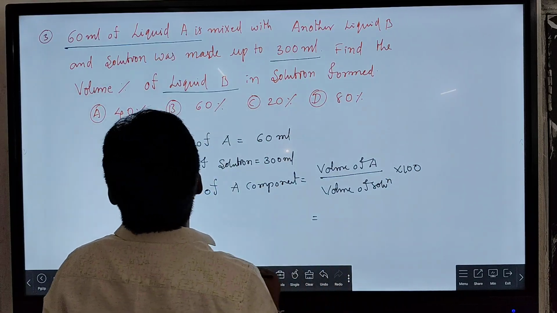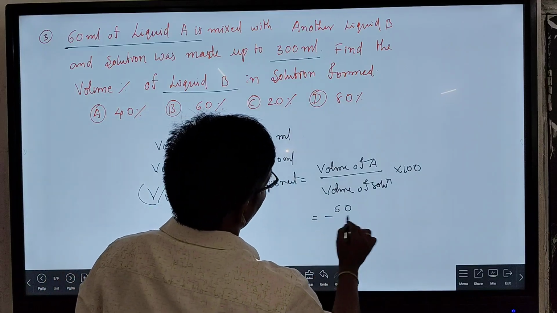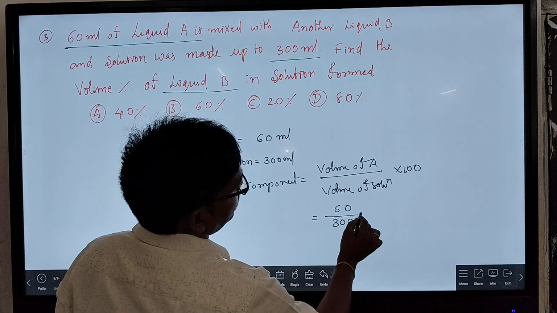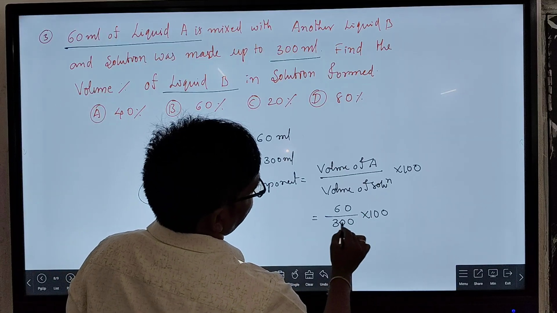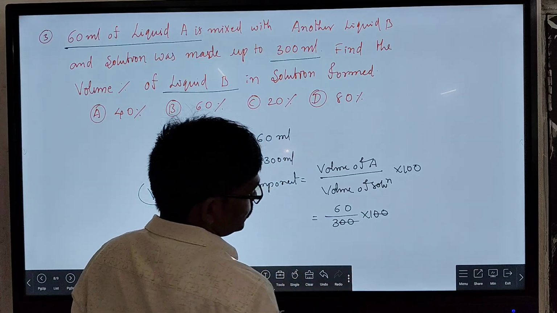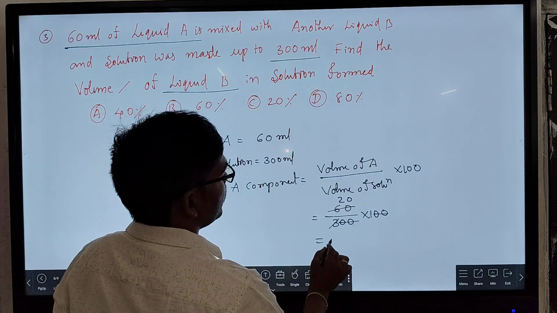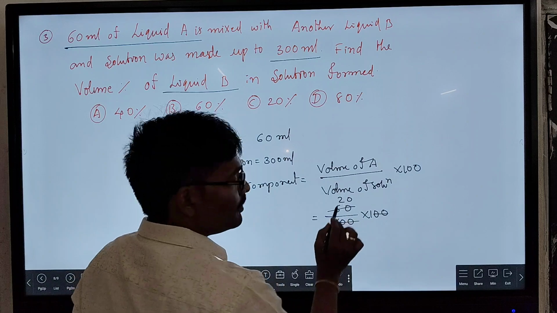Volume of A is 60, volume of solution is 300 ml, into 100. Two zeros cancel, then 3 into 1 is 3, 20 times. Then 20% will be there.